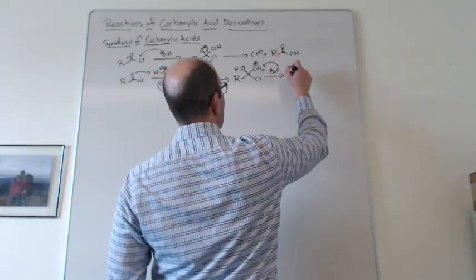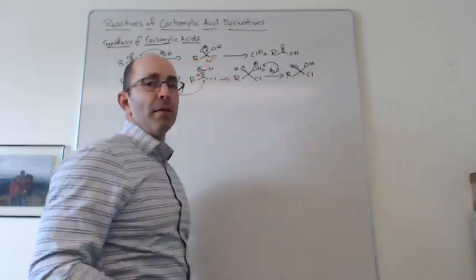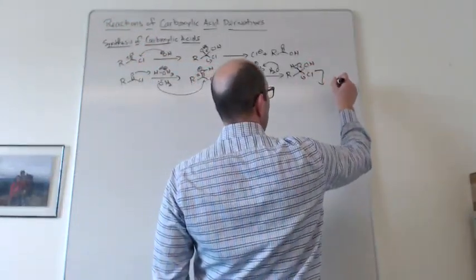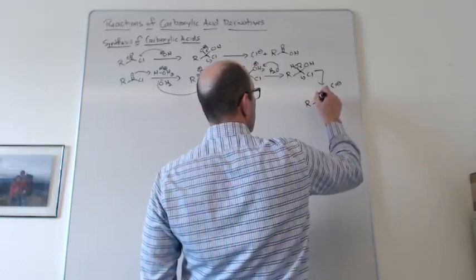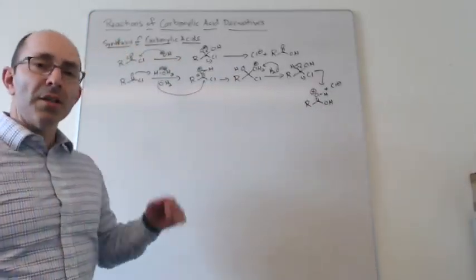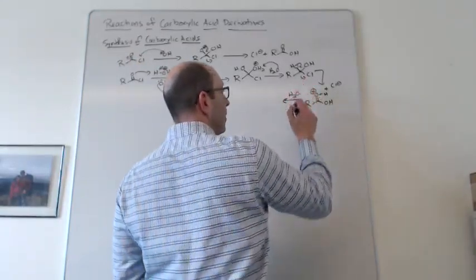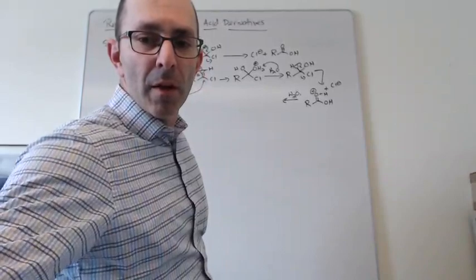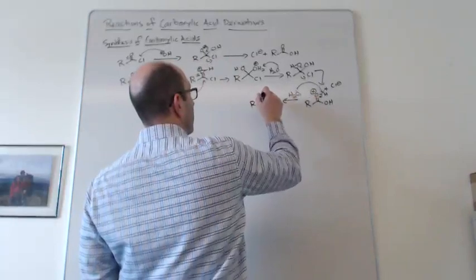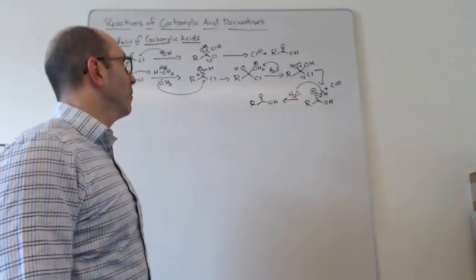Grab a proton off there. Now you can have the Cl minus leave. Right, and because you're in acid, it ends up being protonated, and again, you can remove that and generate the carboxylic acid. Okay, so again, very straightforward doing that with acid chlorides.